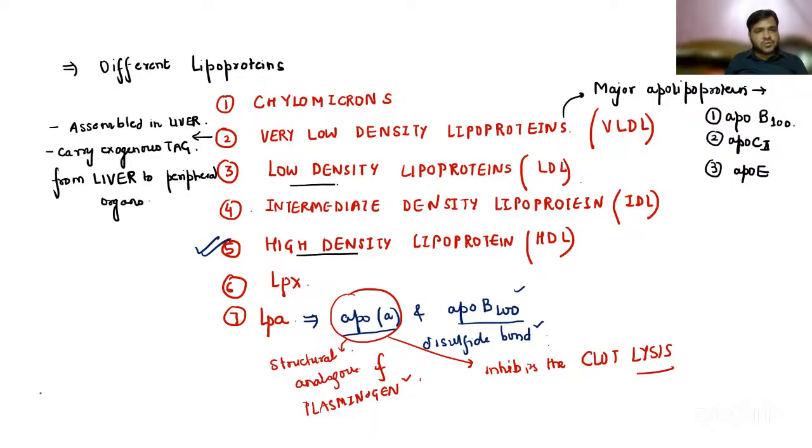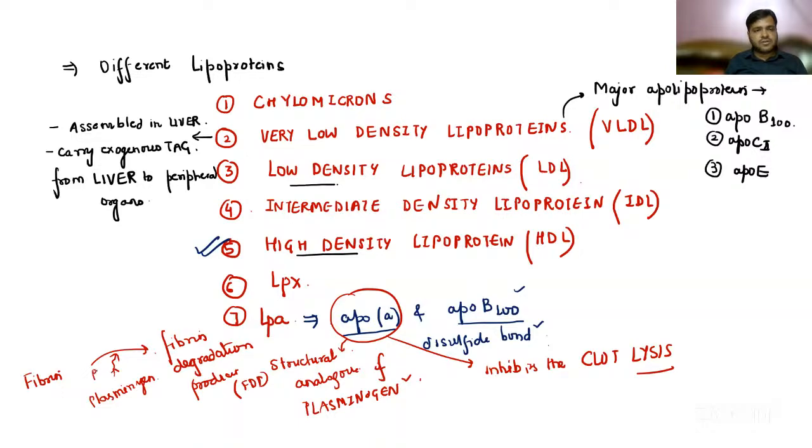So you already know fibrin is converted to fibrin degradation product, called FDP, with the help of plasmin.